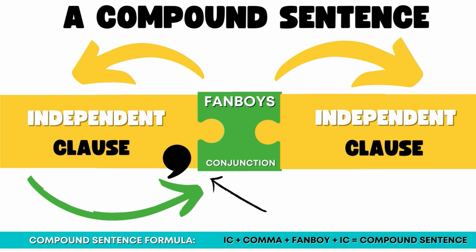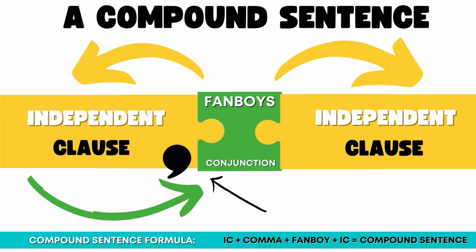So we could look at it like a mathematical type formula. We could say independent clause plus a comma plus a fanboy plus another independent clause is going to equal your compound sentence.